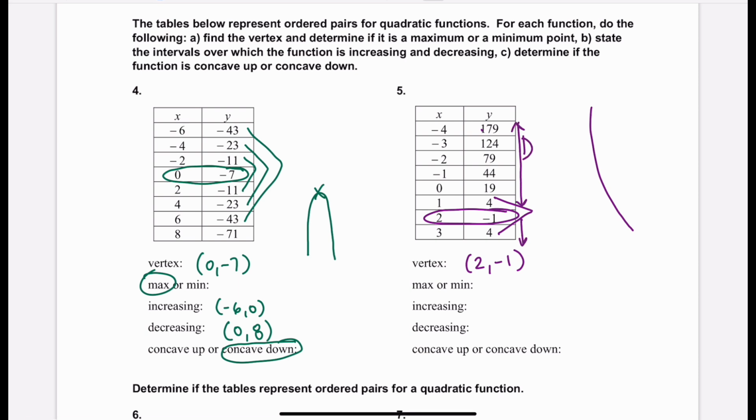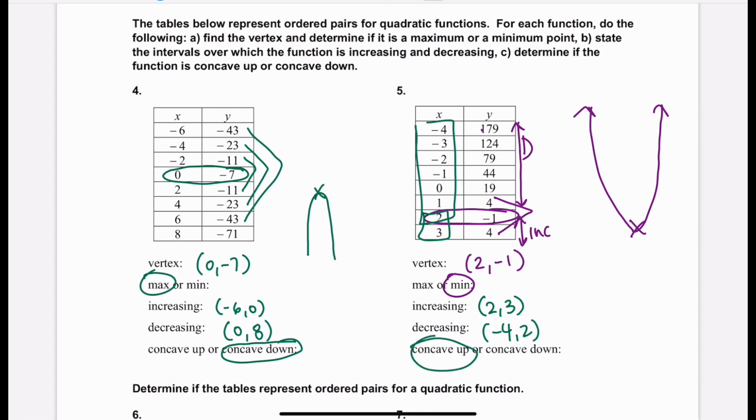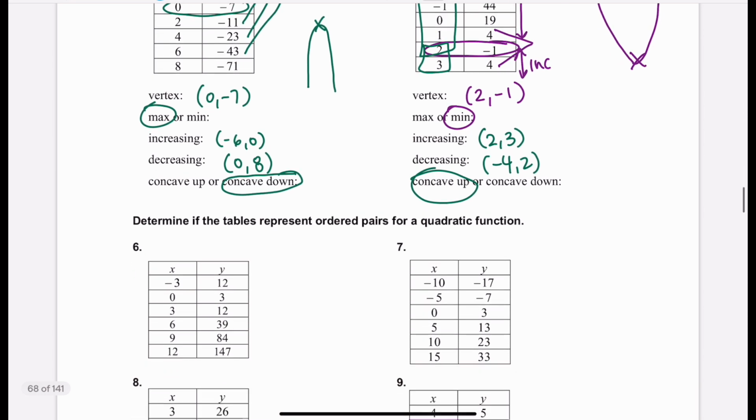And then it starts increasing again. So this is going to be a minimum point. It's increasing from 2 to 3. And then it's decreasing from -4 to 2. This is pointing up, so it is a concave up parabola.